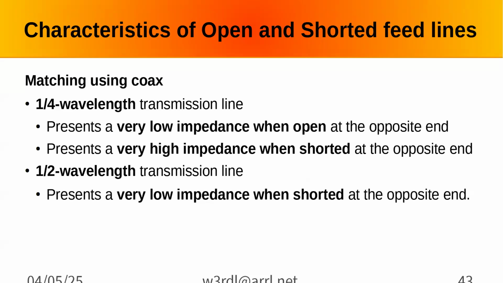If I short the other end, then it looks like a high impedance going into it. Because you look at the sine wave. If you go 90 degrees, quarter wave for voltage, then I go from 0 volts to high voltage. I go open to shorted.